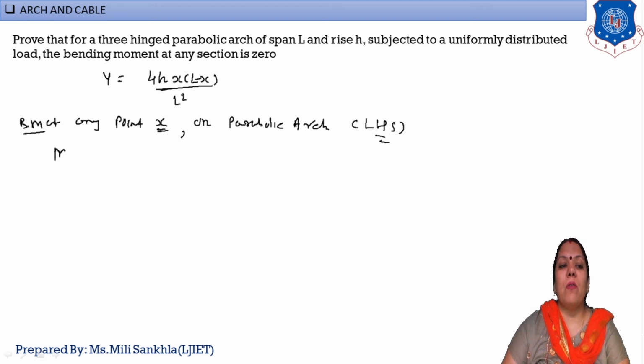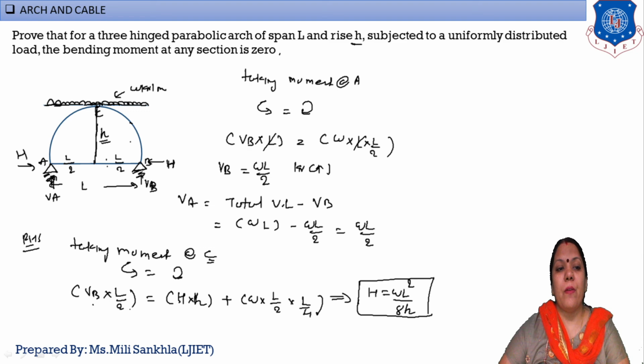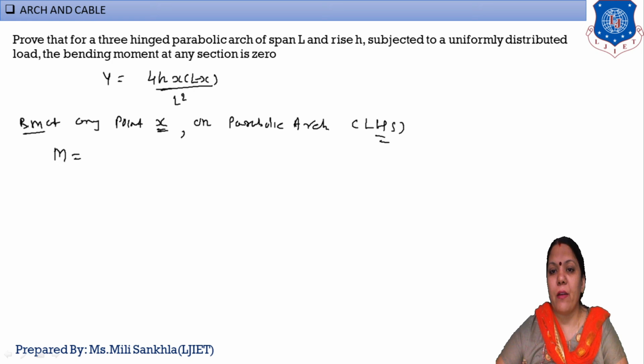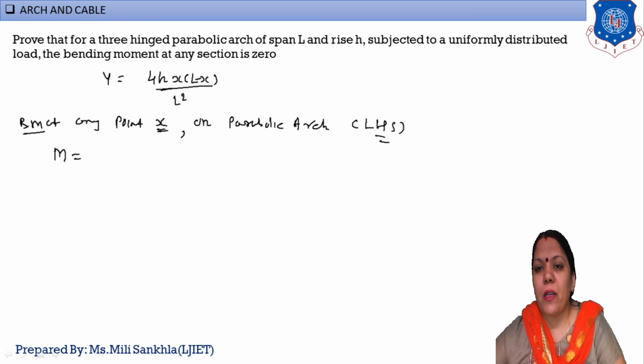Now what is the equation of moment? So we refer again to our figure. Suppose this is our X point. Here I take distance X, so VA into X, then H into the distance, our particular value Y. Now I draw this figure again and explain it to you.